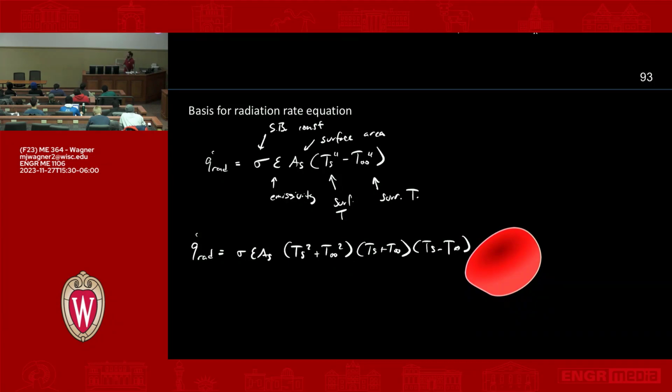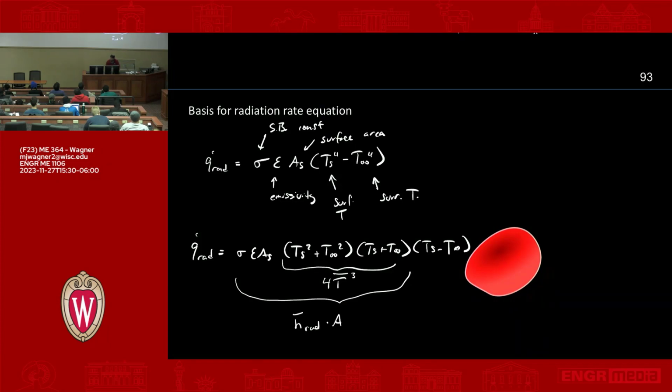When we did that, we could say this bit here is approximately 4 T bar cubed. That was our approximation, which lets us write it as a conventional rate equation. The other thing we've sometimes done is call this whole thing here h bar radiation. It's kind of like a convection coefficient, right? h bar radiation times surface area.